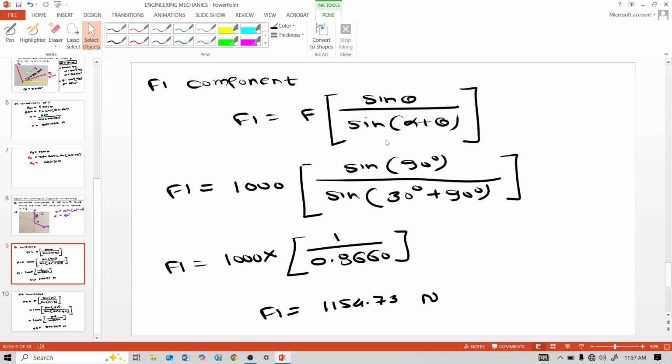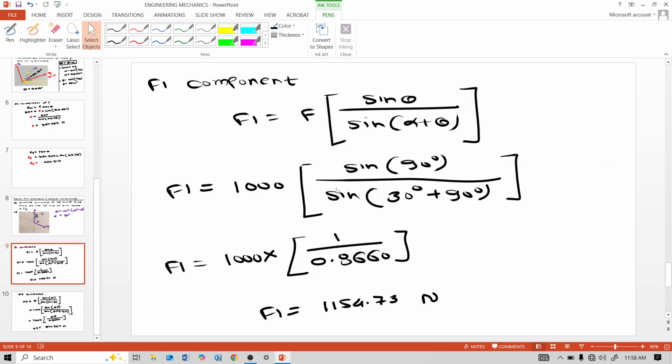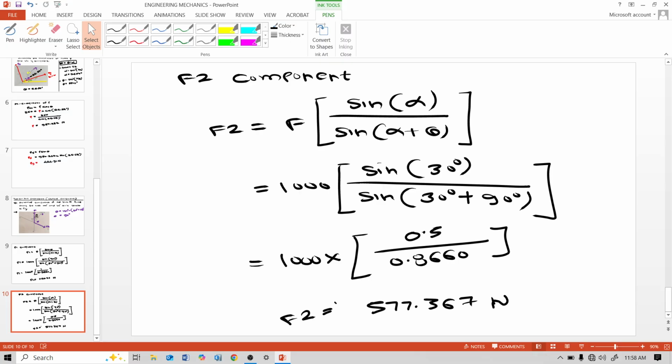For the F1 component, in the numerator we take the other angle, and in the denominator the sum of both angles, and it is always sine. Just remember how the formula develops, put your values in the formula and you will get the components.